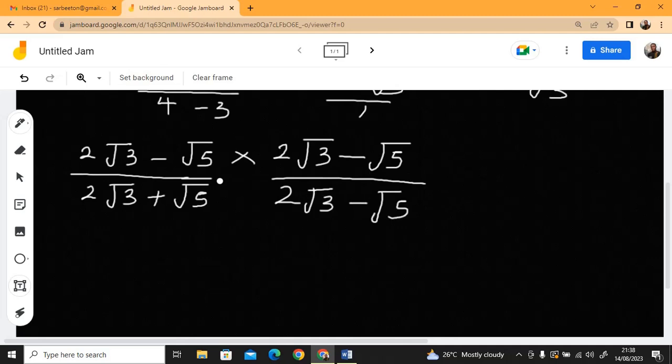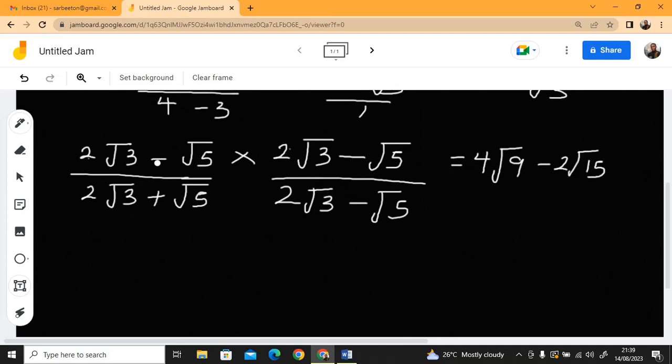Now let's multiply the top. 2 times 2 is 4. Root 3 times root 3 is root 9. Let me just do it like that. For those of us that may find it difficult, there's an invisible 1 here. 2 times minus 1 is minus 2. Root 3 times root 5 is root 15.